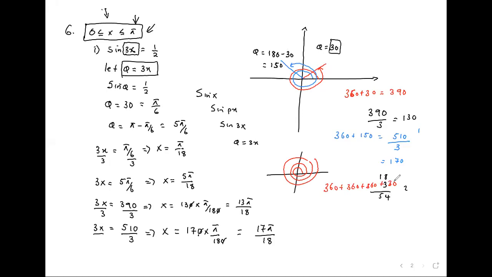And what you get, if you are given 4x, you divide by 4 to get the value of x. We just add the circles. For example, if you found maybe 510 as your angle, you're going to add 360 plus 510 when you go around a second time. Oh, all right. Thank you. Okay.